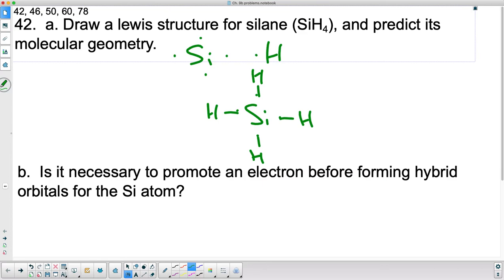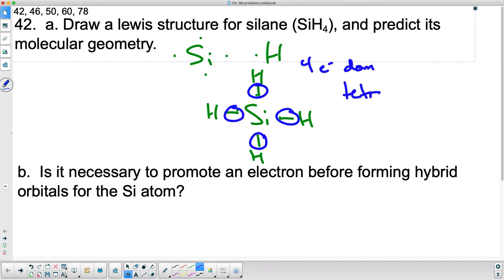Actually, once we have this down, we can look at our charts that we have for 9.2. We have 1, 2, 3, 4 electron domains. 4 electron domains means that I have tetrahedral. That's my electron domain geometry.